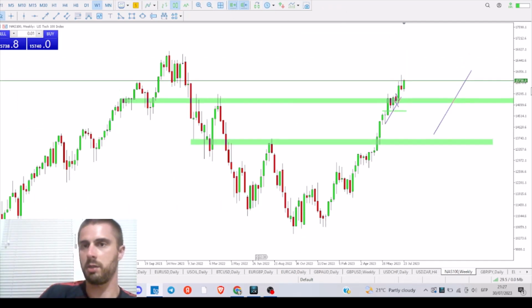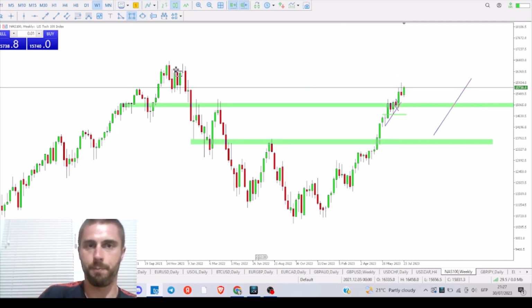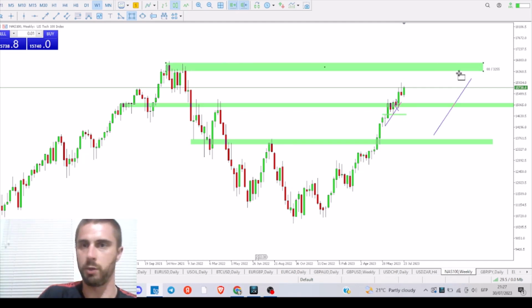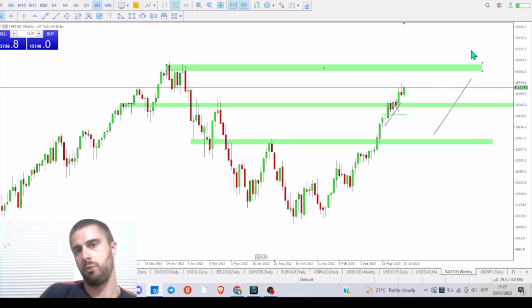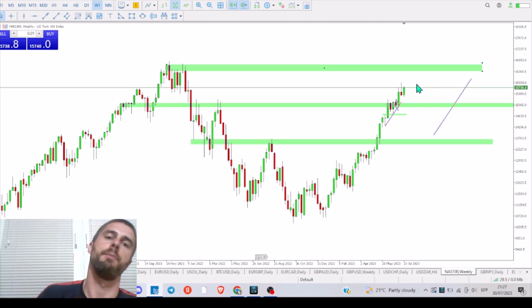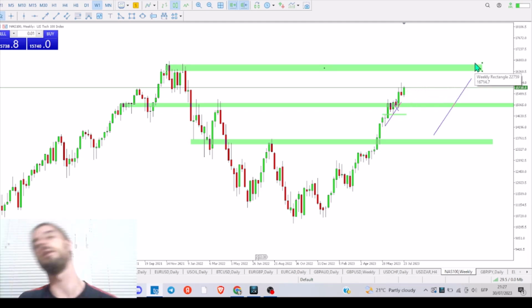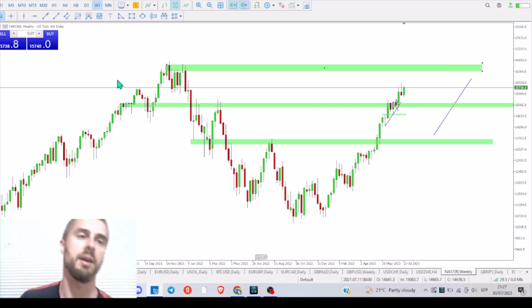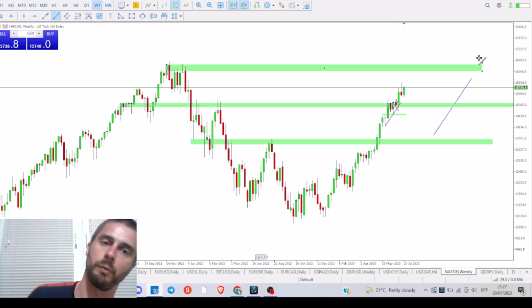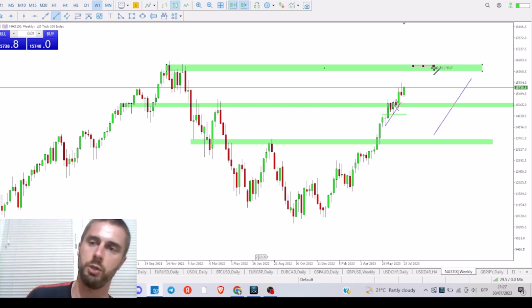So NAS 100, same thing. We are just before the ultimate high, so price should continue going up. If we get a discount, this should be amazing, but if we don't, we're just moving hard, guys. And this is something which I want to let you know. We wait for the consolidation around this area and see if it breaks up higher.